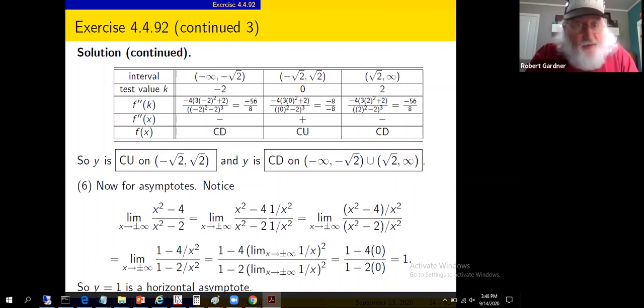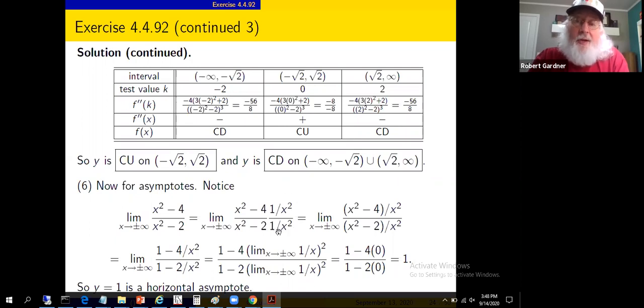Part 6 said, check for asymptotes. Okay, we hadn't done this in a while. Take a limit as x approaches plus or minus infinity for the function, looking for horizontal asymptotes. How do we deal with these? Divide numerator and denominator by the highest power of x in the denominator. That's x squared, so I'm multiplying by 1 over x squared divided by 1 over x squared.